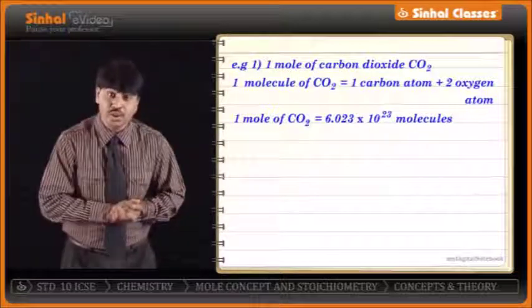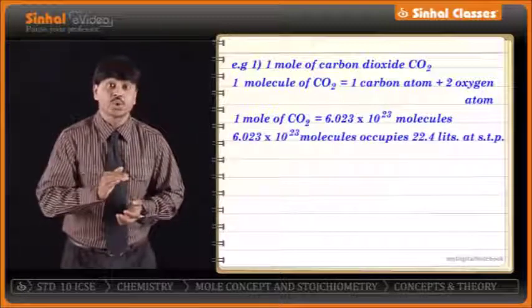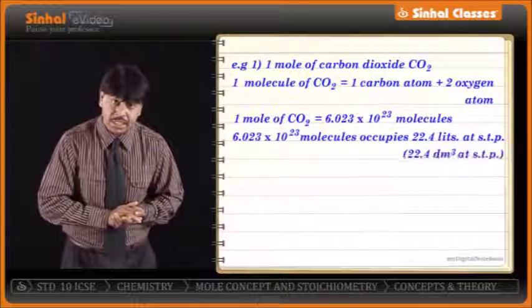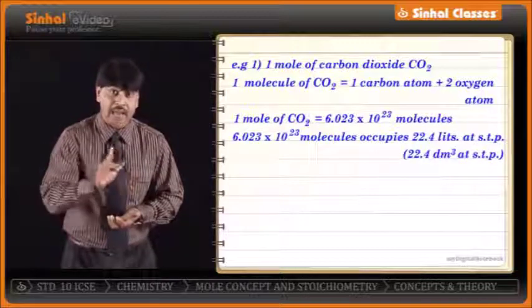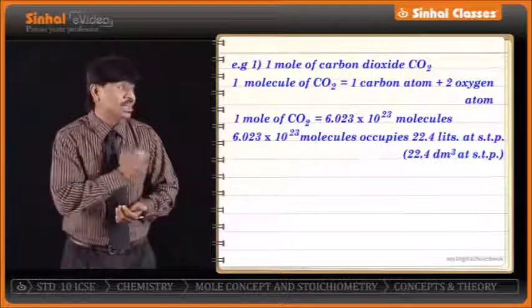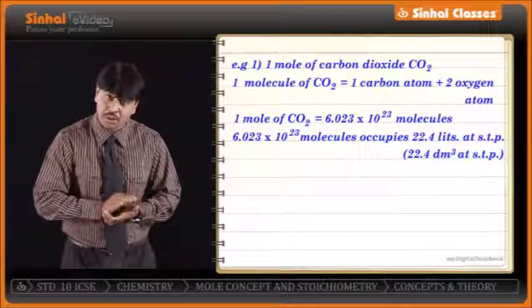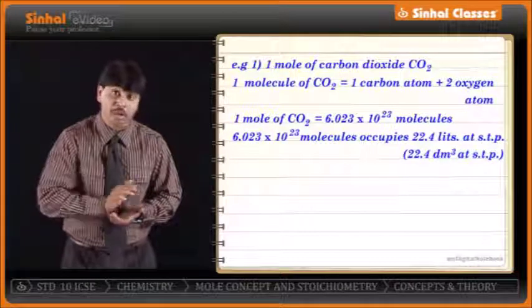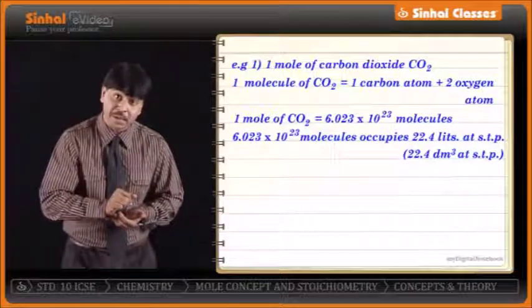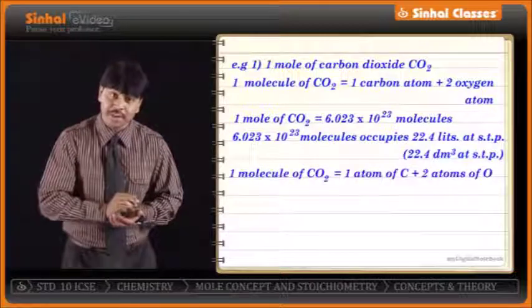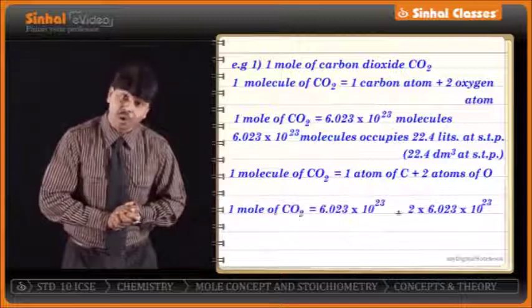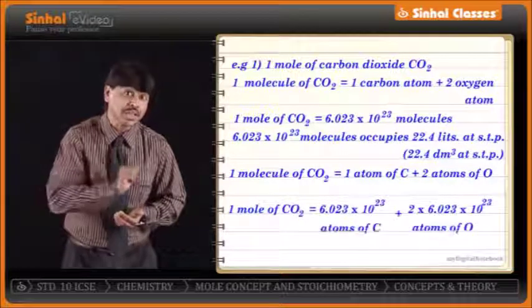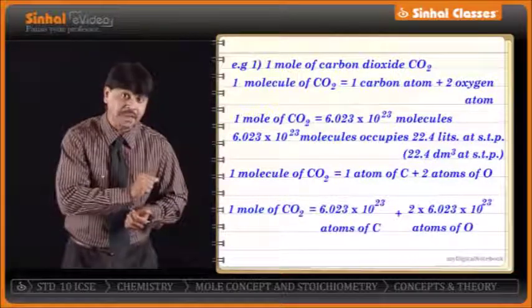This many molecules will always occupy 22.4 liters of this gas at STP, and in this there are a total of 6.023 × 10^23 molecules. But how many atoms of carbon? In 1 molecule of carbon dioxide we have only 1 carbon. Similarly, in 6.023 × 10^23 molecules, how many carbon atoms will there be?